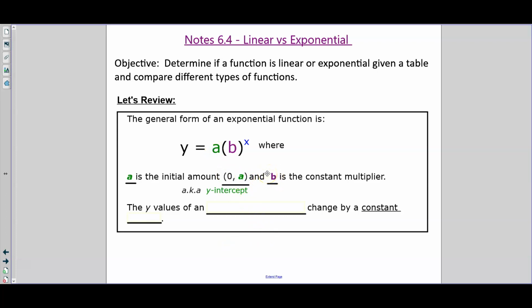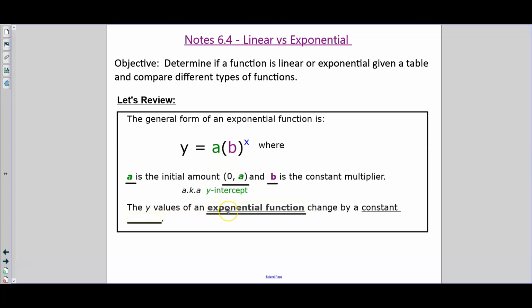Also, we said b is the constant multiplier, and anytime you have a number that is not 1 in front, we said make sure you're dividing the b with the a to get the correct multiplier inside. As long as it's a 1 in front, then b is just that number, and if the number in front is something other than 1, we divide b by a.